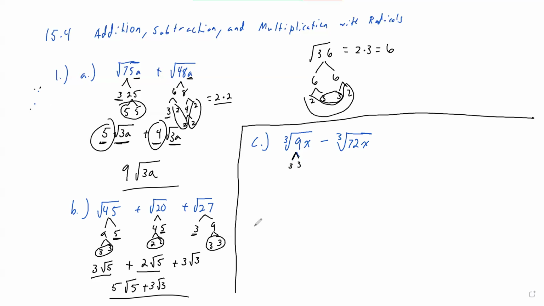But I can't break 3 down any further. So how many numbers do I need to make a set? 3 this time. So I don't have enough numbers to do that. So that means I cannot write this any further. So therefore, it stays the cube root of 9x. Since 9 only broke down into 2 of the same number, I cannot make it go any further. And then, of course, the x doesn't have at least 3 in there to be able to pull out.